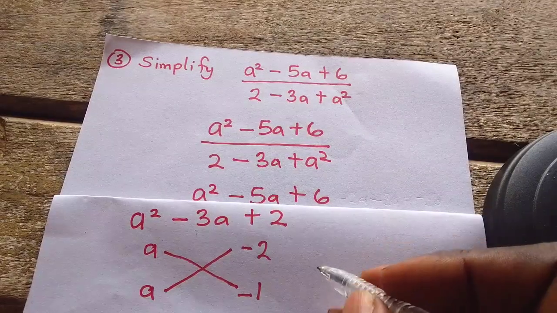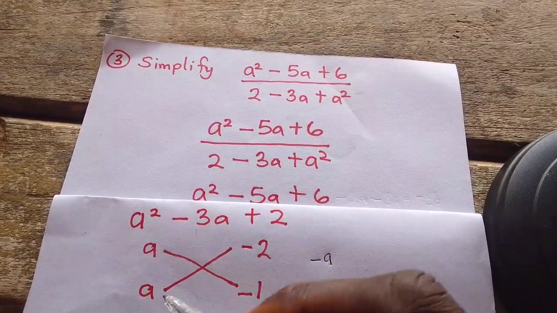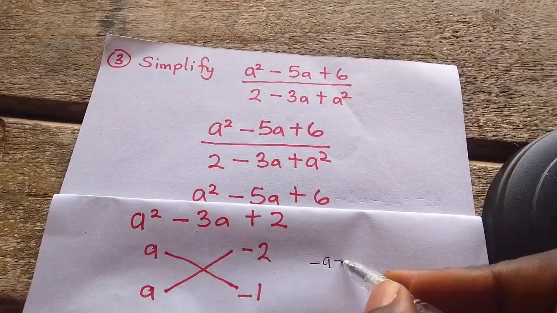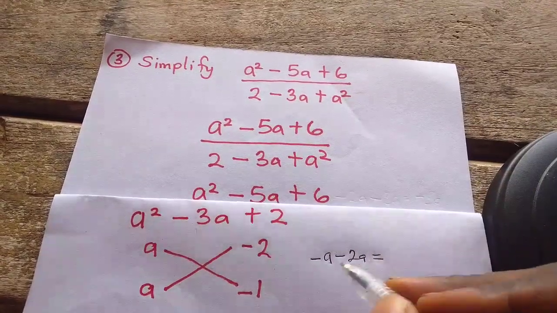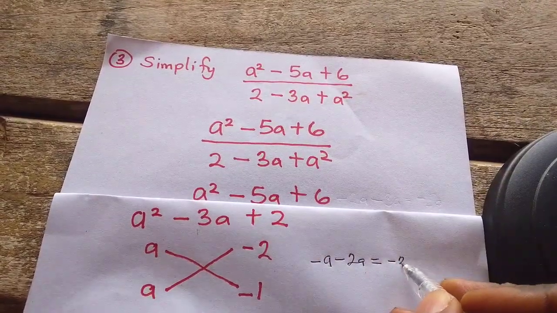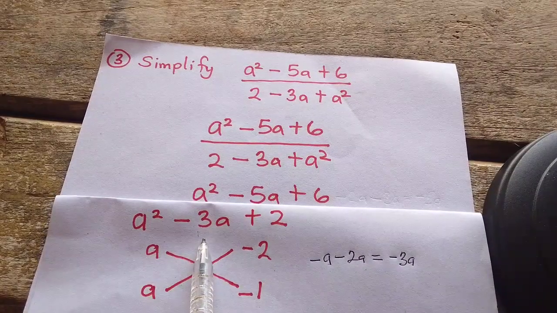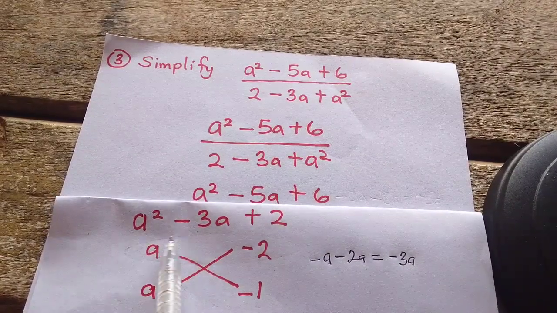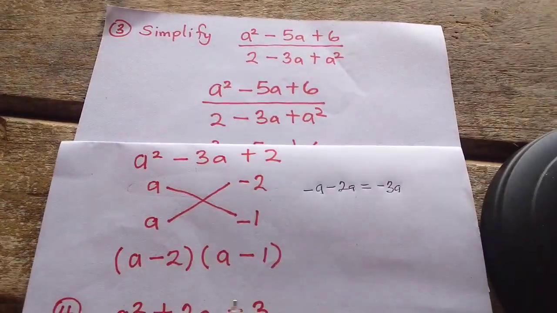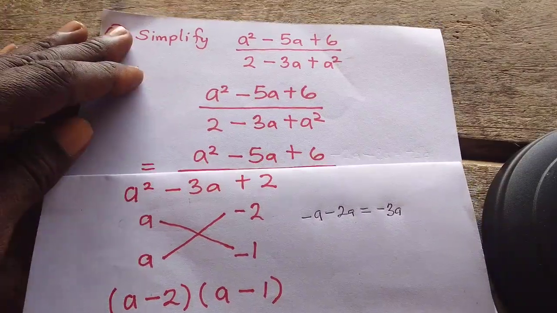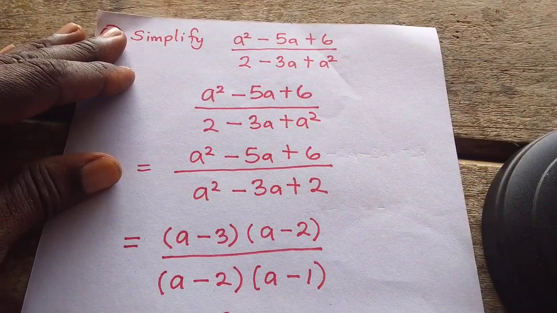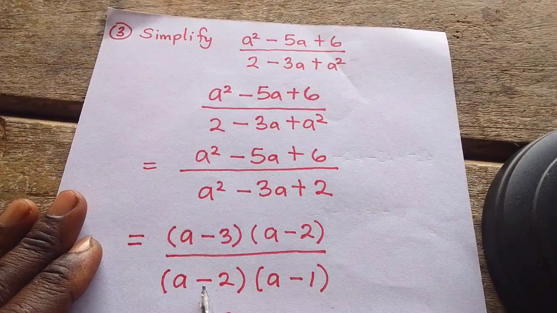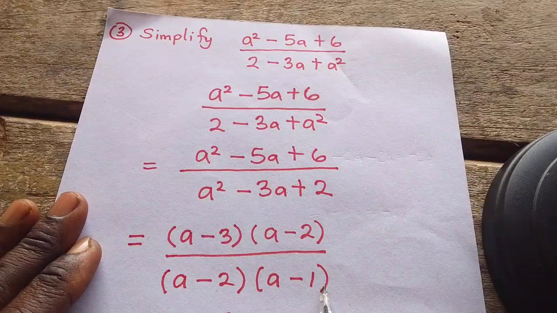A times minus 1 is minus a. A times minus 2 is minus 2a. So minus a minus 2a is minus 3a, so it gives us what's in the middle. So the factors will be (a minus 2) and (a minus 1). So in place of the denominator, you now put (a minus 2) times (a minus 1).